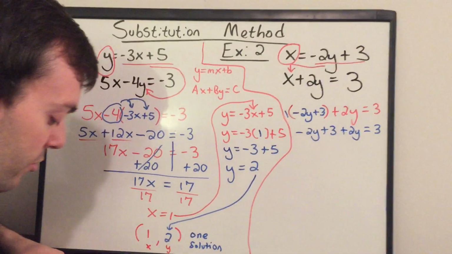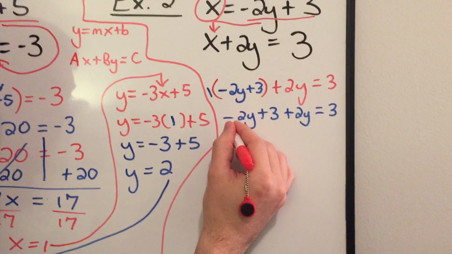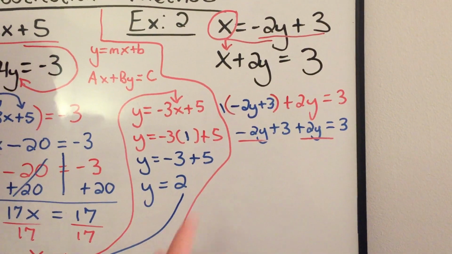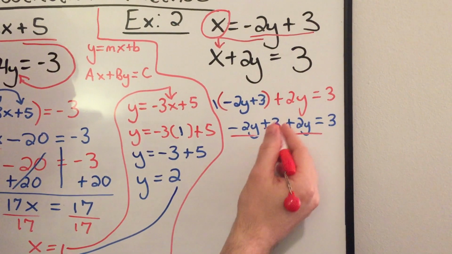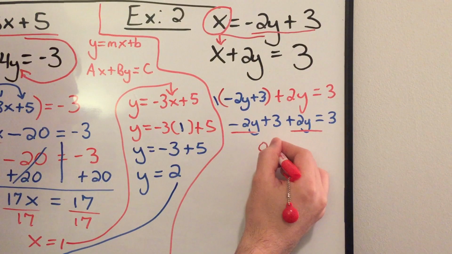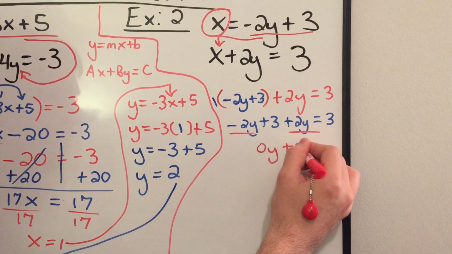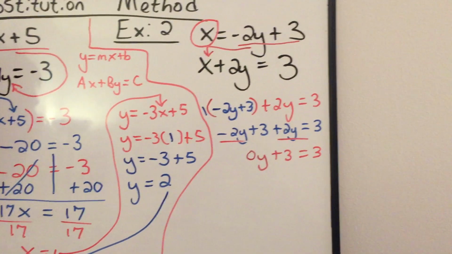What you might notice right here, negative 2y and plus 2y, I'm going to combine my like terms, but notice those get eliminated. We have 0y. Now that plus 3 is still there, and then we have 3 right there.